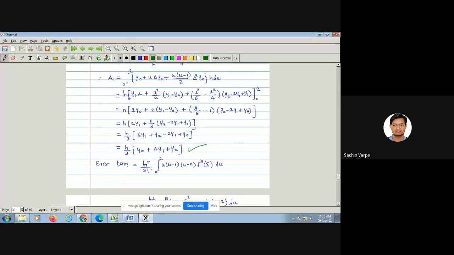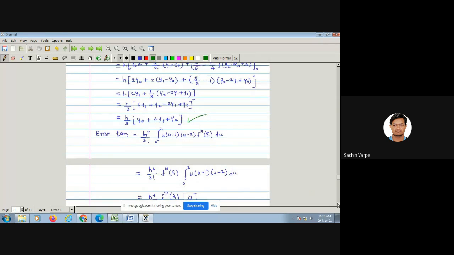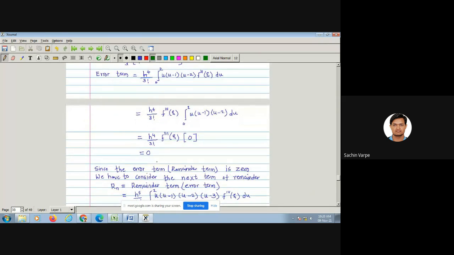With the error term, h raised to 4 by 3 factorial, integration from 0 to 2 of u into (u minus 1)(u minus 2), third derivative of f at zeta, du. When I integrate it, I'll get the error term to be 0 there. Since this remainder is 0, we have to consider the next term of the remainder.